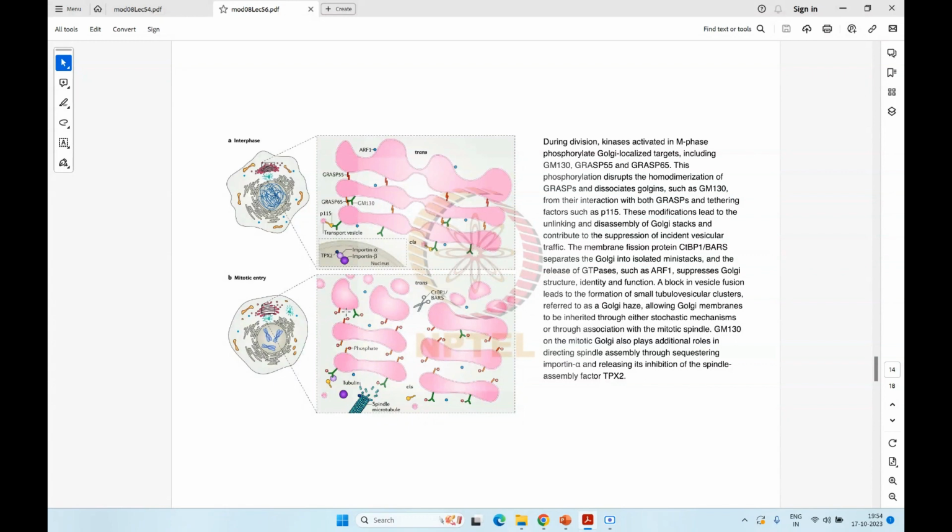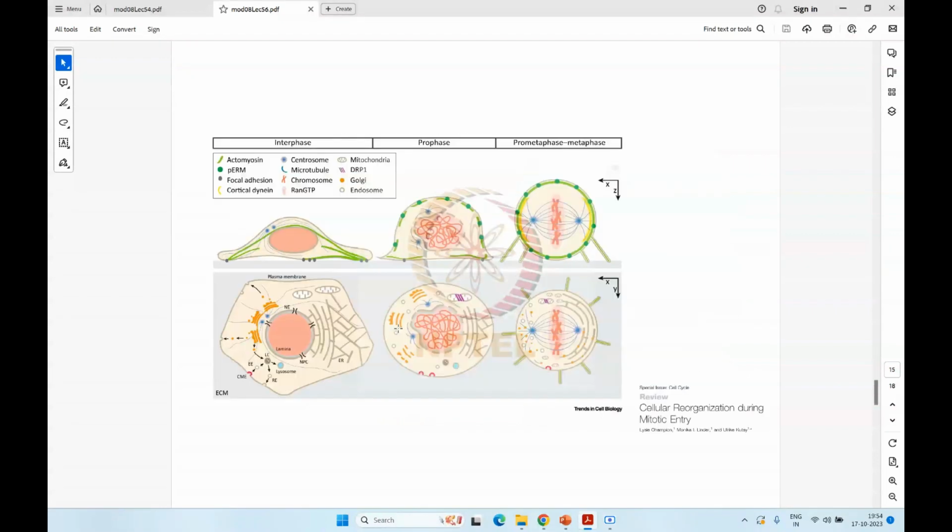Then there is a protein complex called CtBP1/BARS complex, which cleaves the Golgi into smaller vesicles. Once the mitotic kinases retreat, these proteins lose the phosphorylation and then reassemble to form the Golgi again.